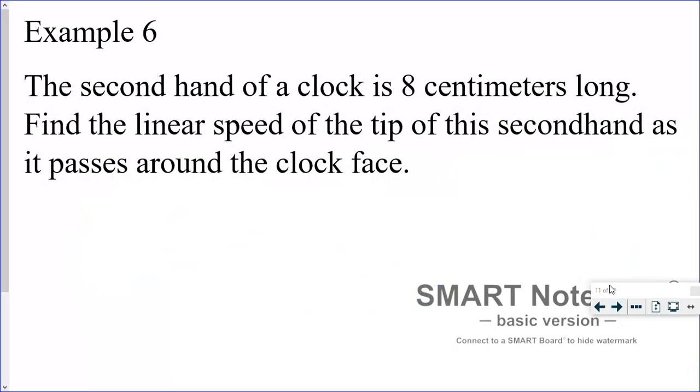Okay, so now we're going to talk about linear speed and angular speed. Angular speed, which I will just call AS, is literally, as something is moving around a circle, like a clock hand is a very good example, how fast is the angle changing?